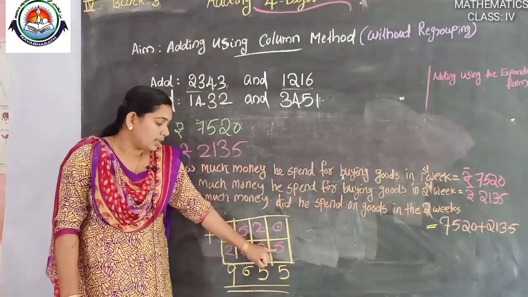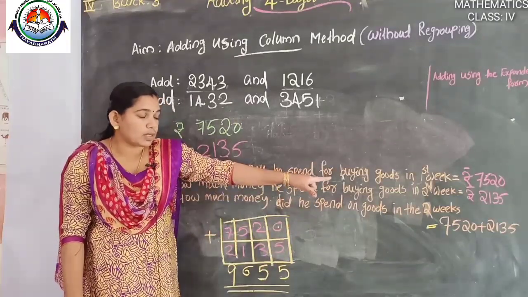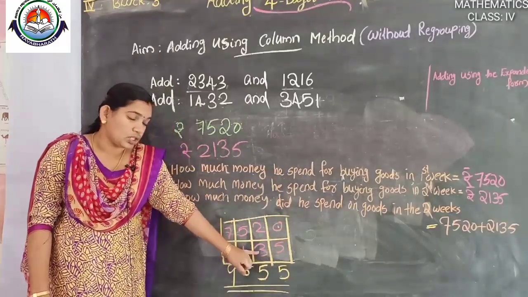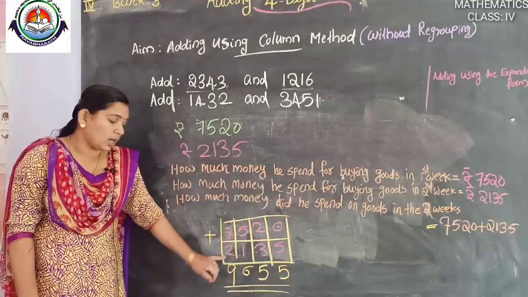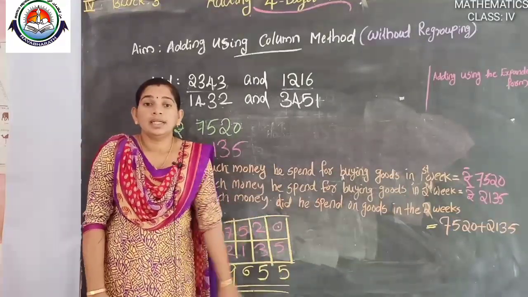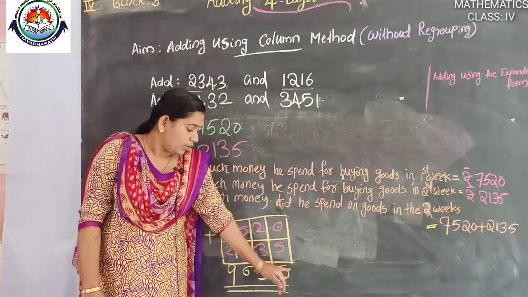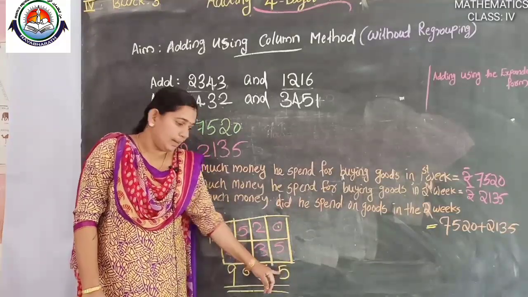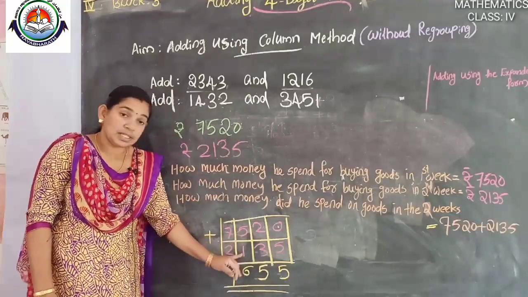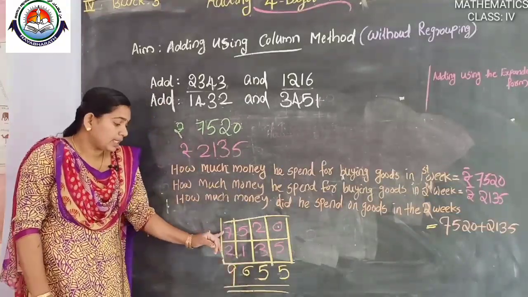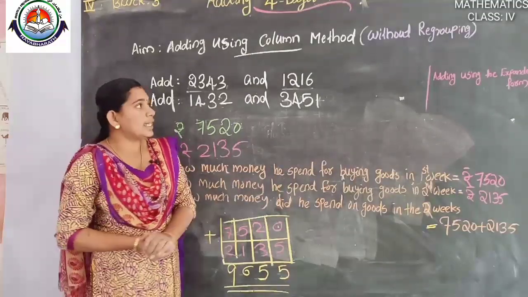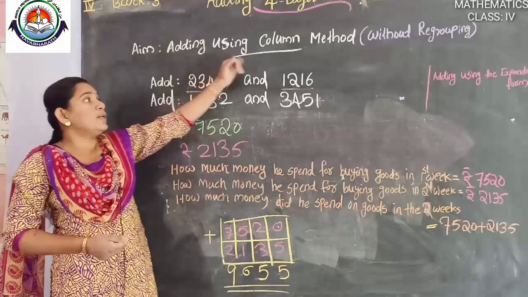And second number 2135, ones place is 5, tens place is 3, 100 place is 1, 1000 place is 2. Then we are adding each place's digits. You will get 0 plus 5, 5, 2 plus 3, 5, 1 plus 5, 5 plus 1, 6, 7 plus 2, 9.